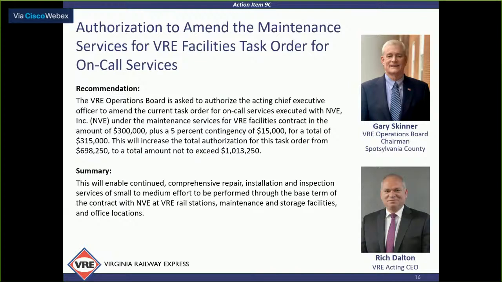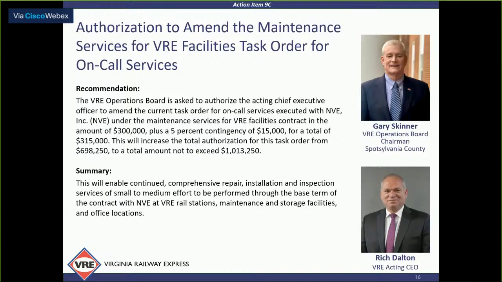Thank you, Mr. Chair. The VRE Operations Board is asked to authorize the acting CEO to amend the current task order for on-call services executed with NVE Inc. under the maintenance services for VRE facilities contract in the amount of $300,000 plus a 5% contingency for a total of $315,000.